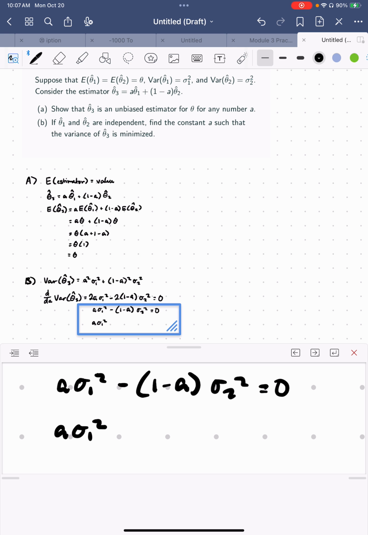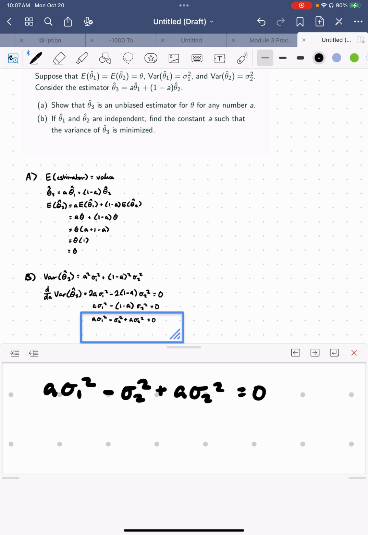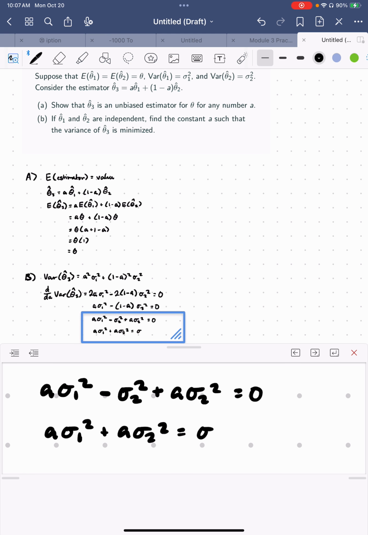It's sigma squared, so it's our variance. Then we have minus sigma 2 squared plus our A sigma 2 squared equals 0. And then we can add that to that side. So we have A sigma 1 squared plus A sigma 2 squared equals sigma 2 squared.